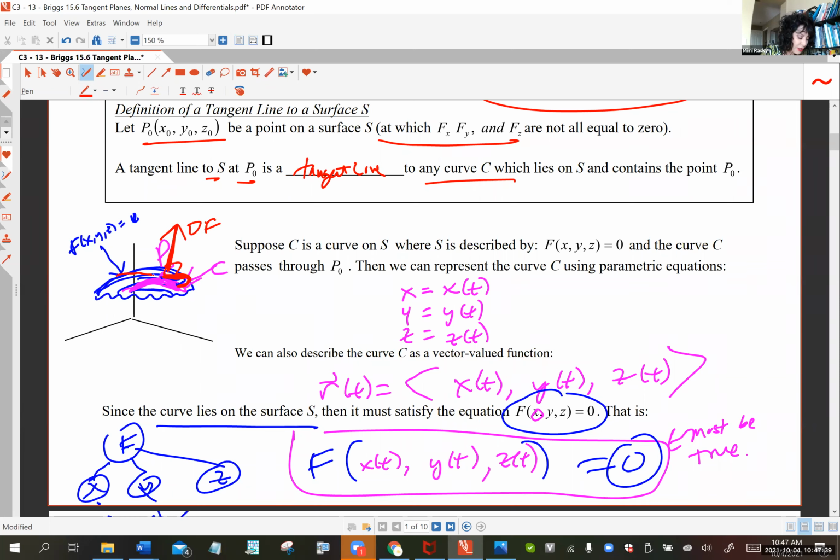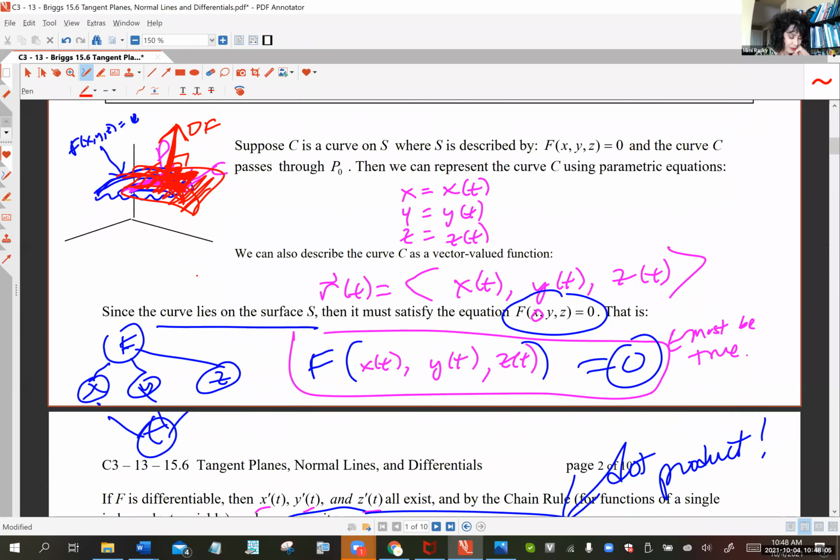What if I draw a different curve on the surface passing through the point P naught? So I have a different tangent vector, but del F is still going to be pointing straight up. And so I can get a whole collection of curves and a whole collection of tangent vectors. And I claim that the tangent vectors lie in the same plane, and del F is orthogonal to that bed of tangent vectors, always.